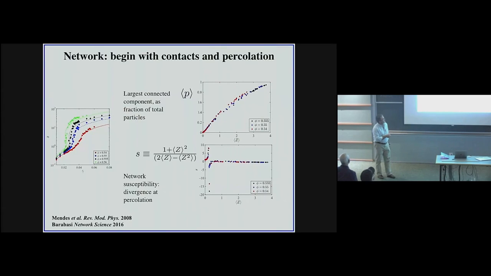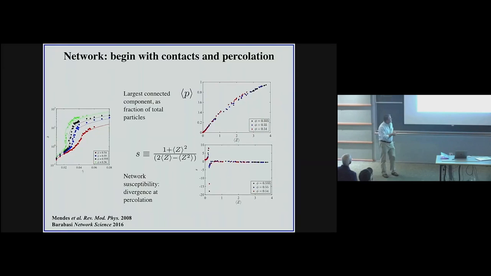And we see mild differences over these three different conditions, and you're going up to nearly all the particles being in the largest cluster here at values of Z, the average frictional contact number, being about 3.5. What we see here is a quantity that's called the network susceptibility.